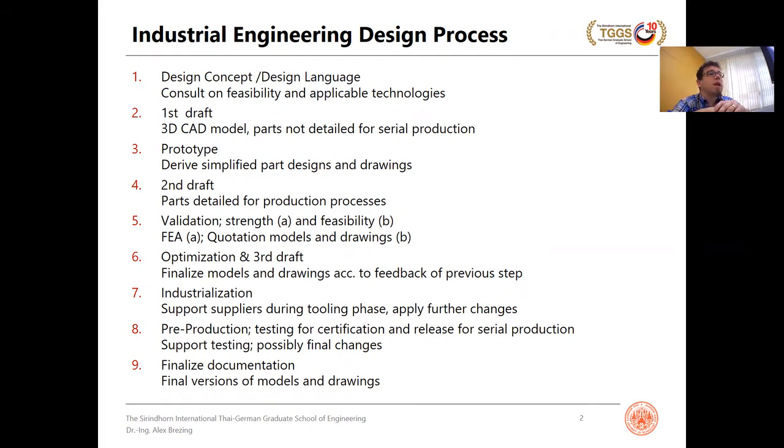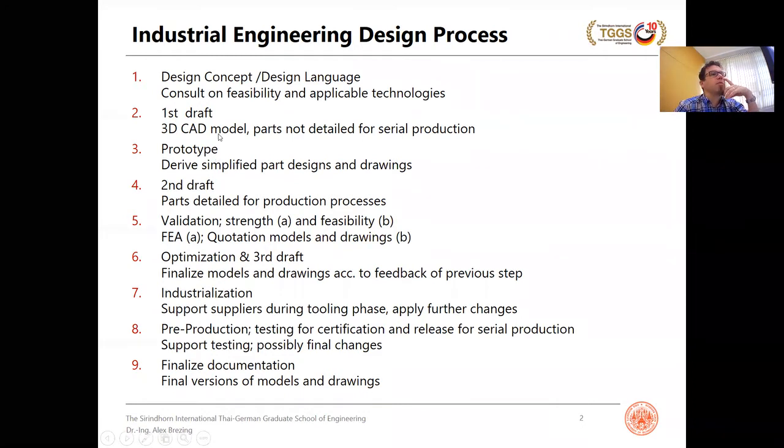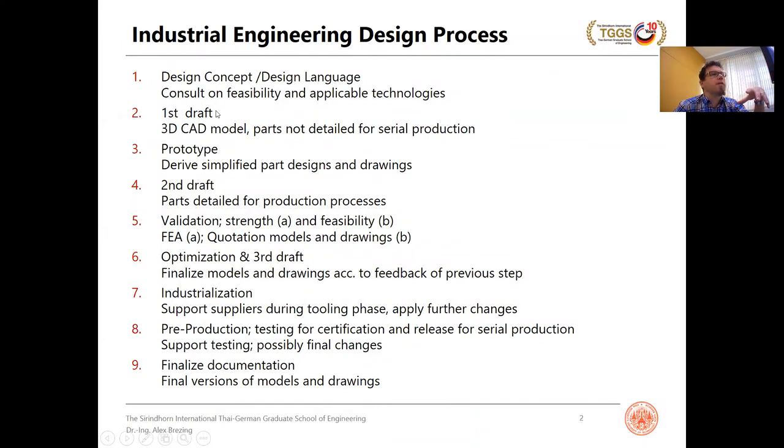basically what it says, step 2 already, we have a 3D CAD model, right? So first, phase 1 would be to develop a concept, decide on technologies that we want to use maybe for the production. And then very early on, we already have a 3D CAD model. We might already make a prototype.